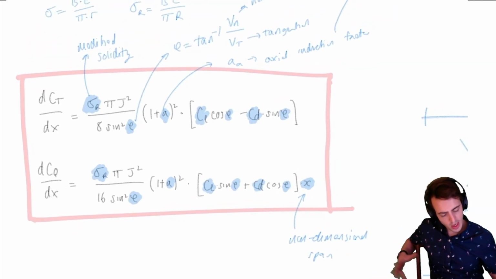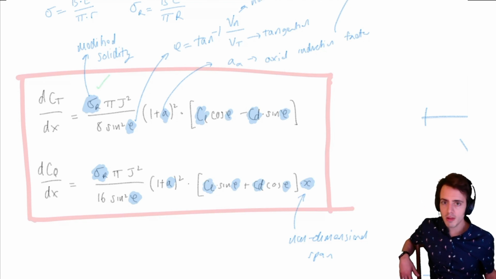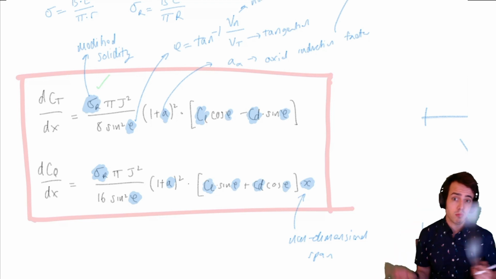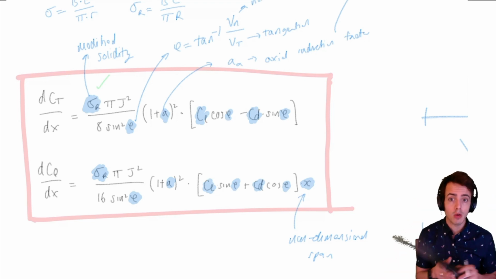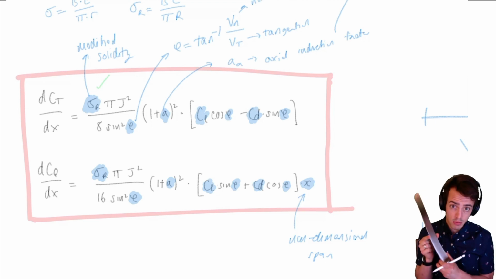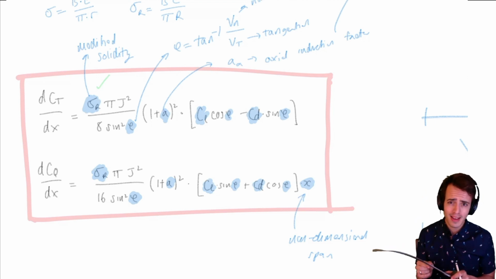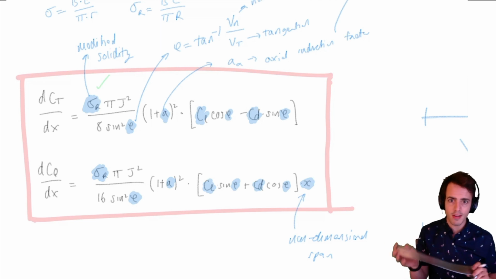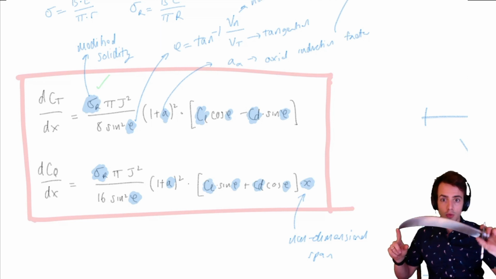Let's have a look at the things that we know. So solidity we can get because that's just a function of the geometry. So if we have a propeller blade, if we've got a total propeller, we know how many blades there are, so we know what B is. The chord we can measure, or we know. Pi is about 3.14. R is just the total radius of our propeller.